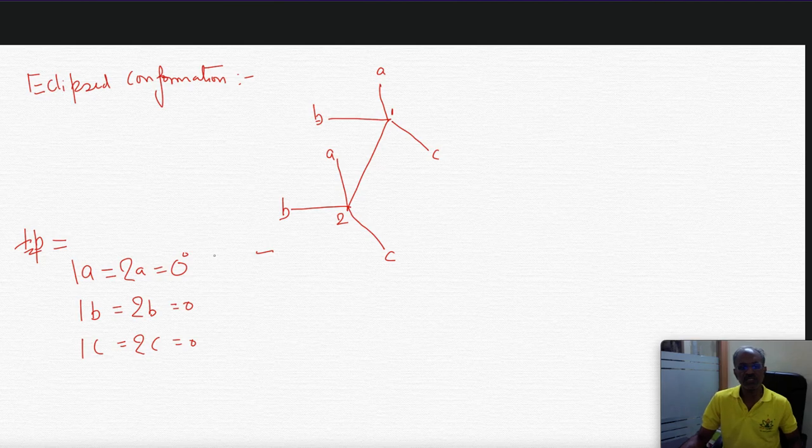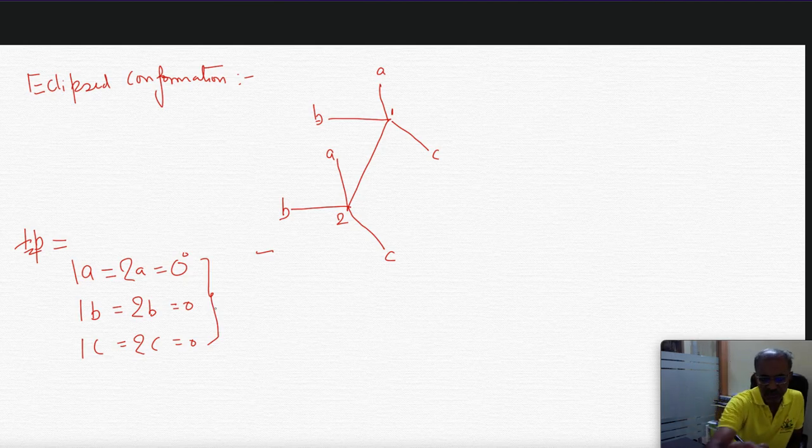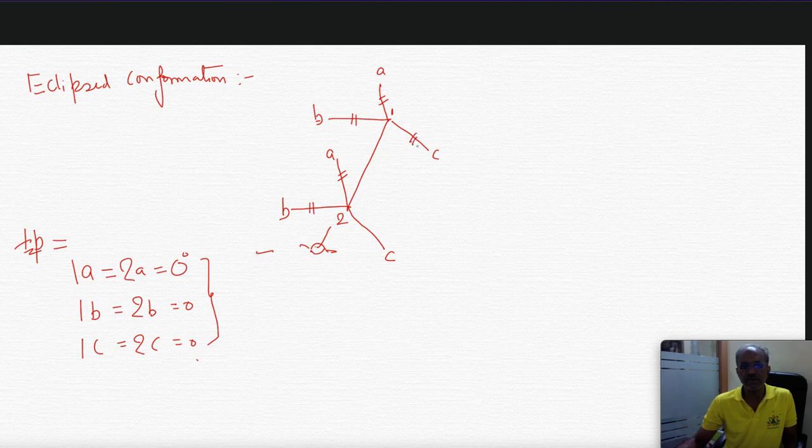So from this, can I say the 6 bonds lie one upon the other. If I see from the carbon atom, take for instance, if I look from here, this is my eyes, when I look from here, then this bond will be exactly over this, and this bond will be exactly over this.